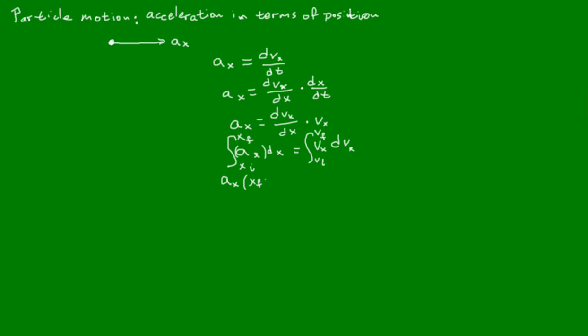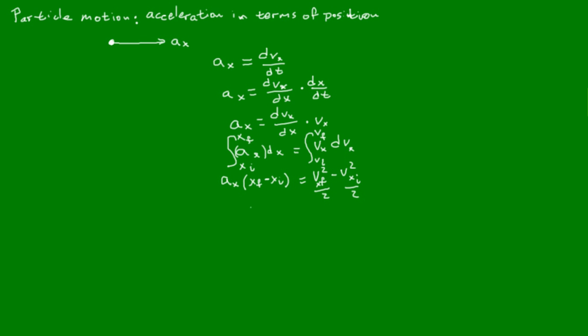So x final minus x initial is going to be equal to v_x final and v_x initial, and these are both going to be squared, and then both of them will be divided by 2.